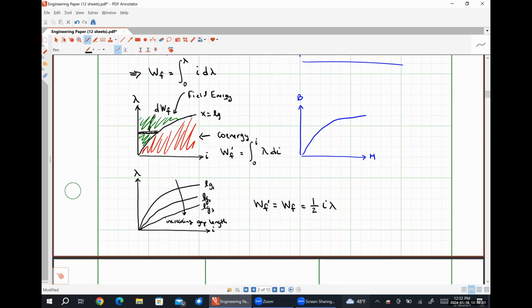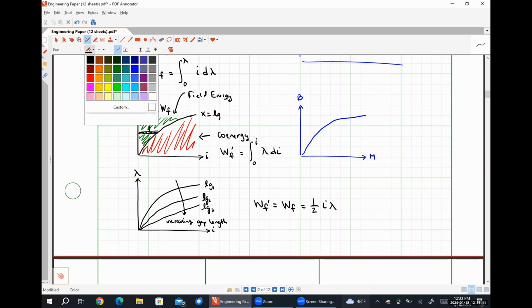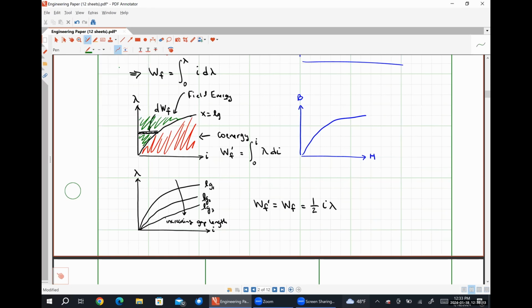Now we can actually take this one step further, right? So our flux linkage is our inductance, right? So this over here, let's do this in green, right?